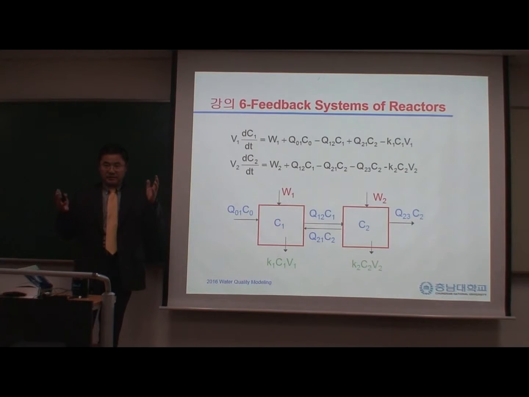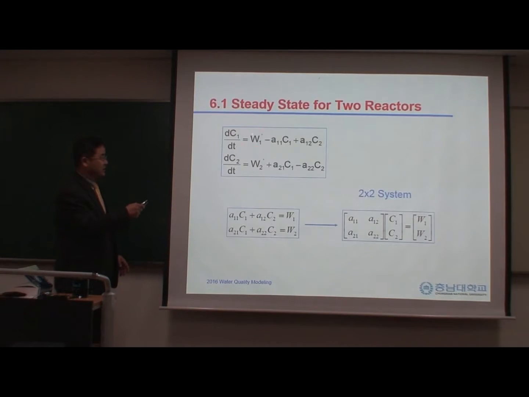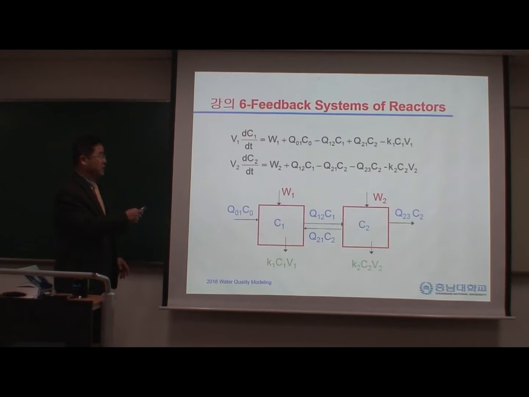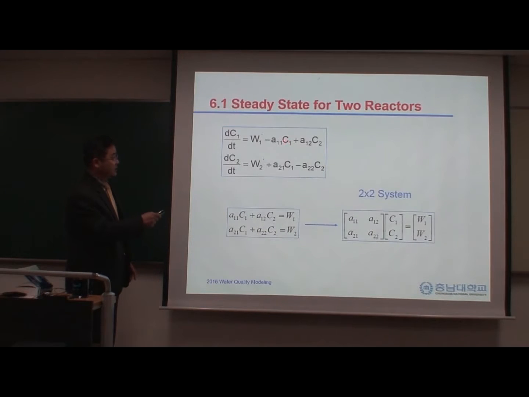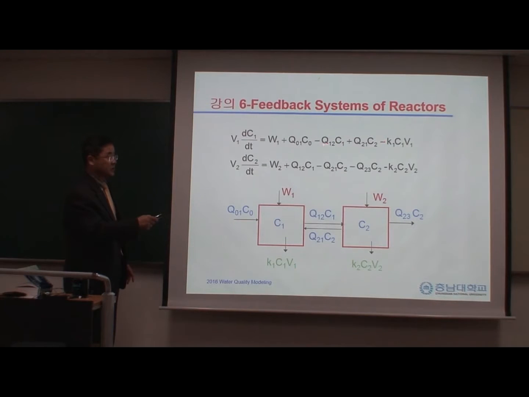But in this case, for simplicity, we'll assume those as constant. So what you see here is everything divided by this V1. And then we have functions of C1 here and there, and a function of C2 there. So on the right hand side we have a function of C1 and a function of C2. So A11 can be some combination of Q1 to K3, something like that, right?